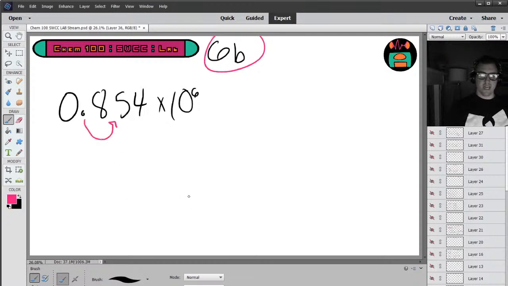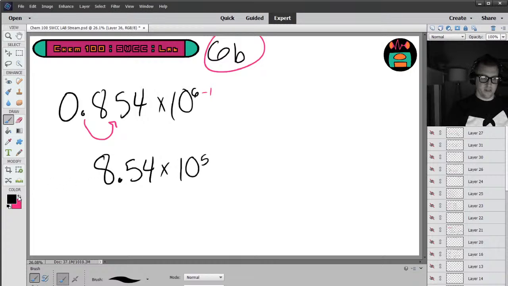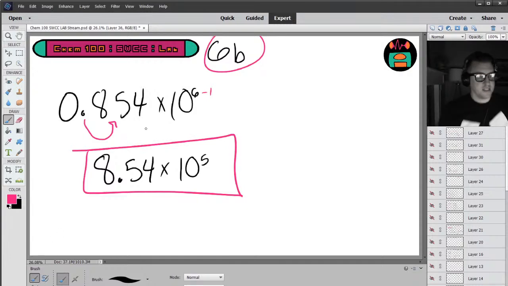So this is going to be 8.54. When you roll it one space over to the right, you subtract 1. So 8.54 times 10 to the 5th. That is the correct value with the correct number of sig figs expressed in scientific notation.